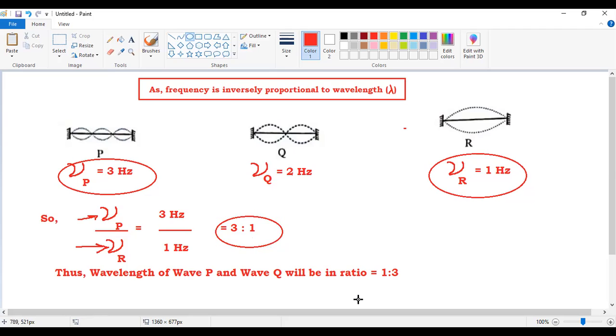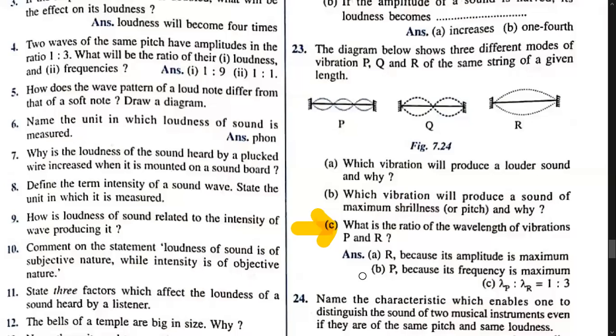Now, since frequency is inversely proportional to wavelength and the ratio of frequency is 3:1, it means that the wavelength of P and R will be in ratio 1:3. So students, our answer for 23rd C part is 1:3.